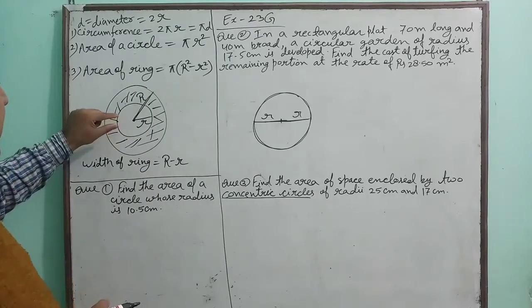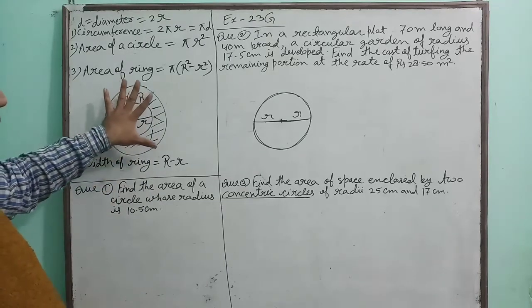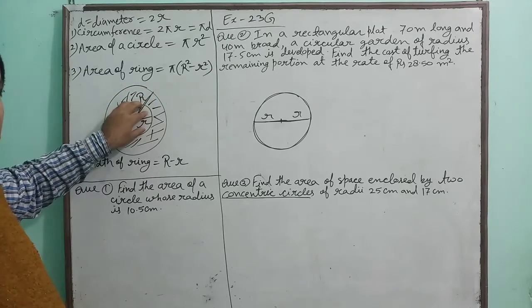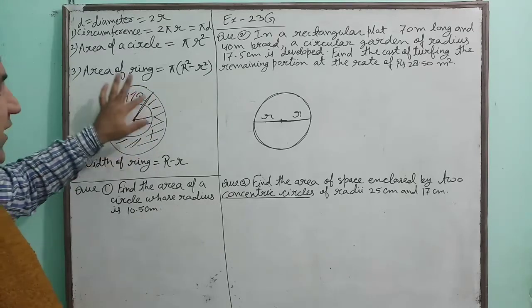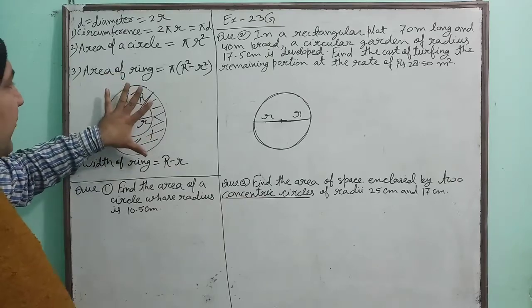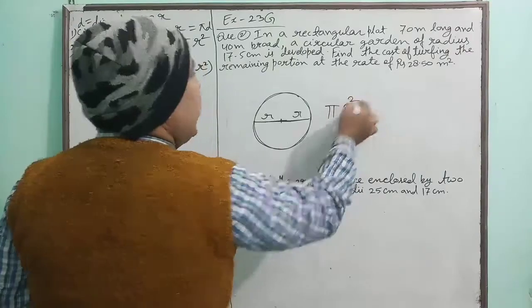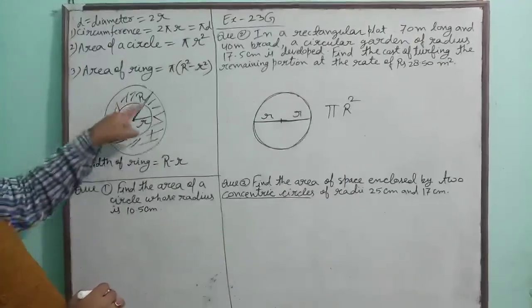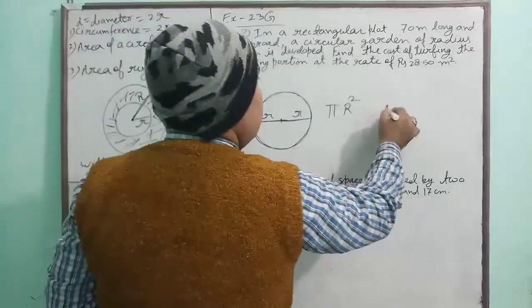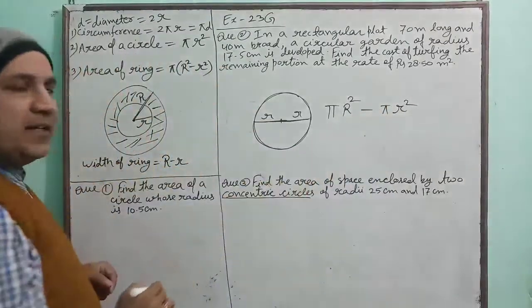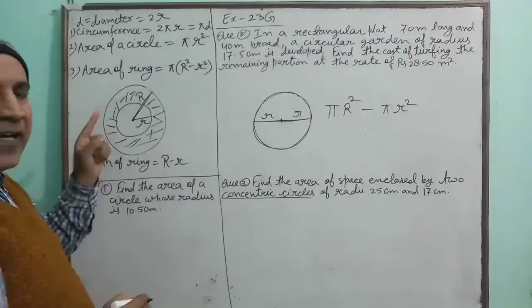So to find the area of ring, you can see that from the larger circle, if we subtract the smaller circle, then we will get the area of the ring. Area of larger circle will be pi into capital R square. Area of a smaller circle will be pi into small r square. If we subtract it, then we will get the area of ring.